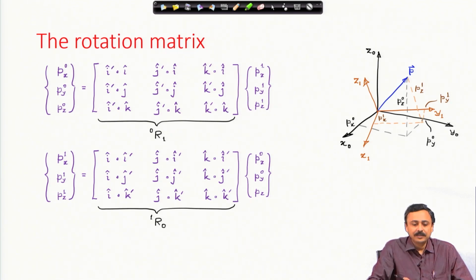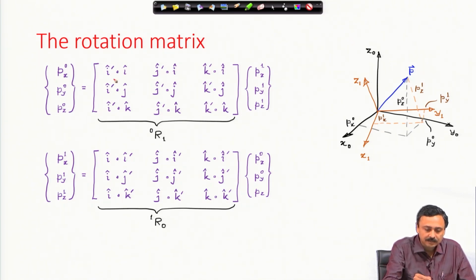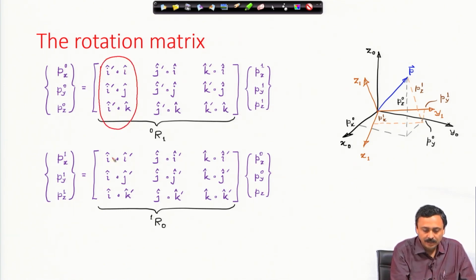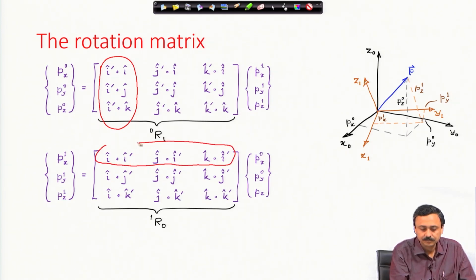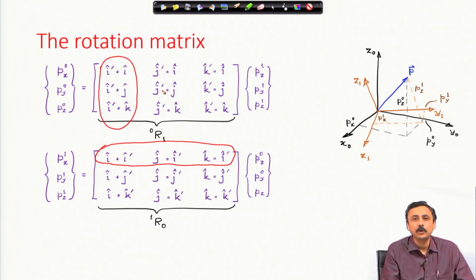Let us look at these two matrices together. You will find that the column here is same as the row here. Every column in the first matrix has become a row in the second matrix.